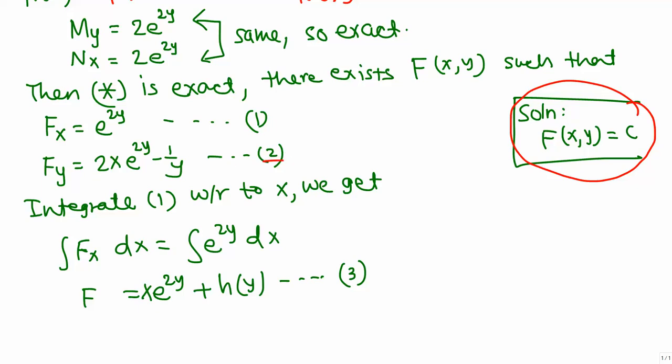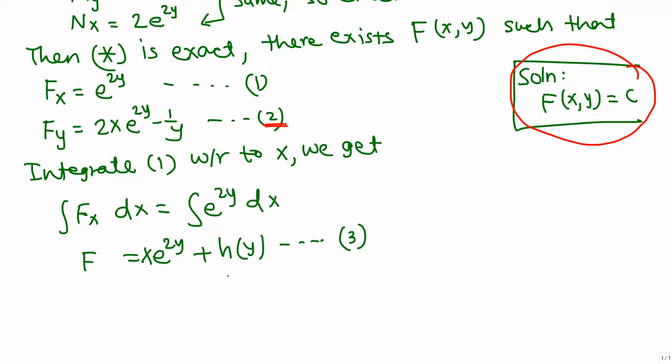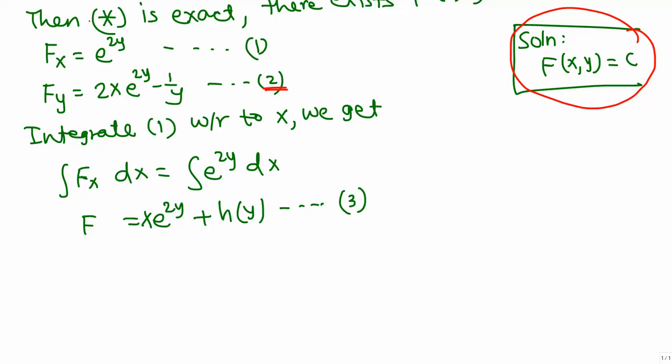In equation 2 we have f_y, the partial derivative of f with respect to y. So let's find the partial derivative of f with respect to y and compare with 2. So f_y, partial with respect to y, so x is constant, and the derivative of e^(2y) is 2e^(2y), plus h prime of y, since this is a pure function of y, so the partial derivative is the same as the regular derivative. Call this 4.